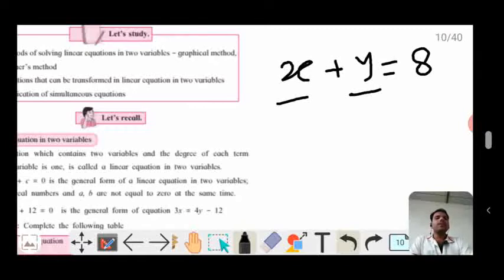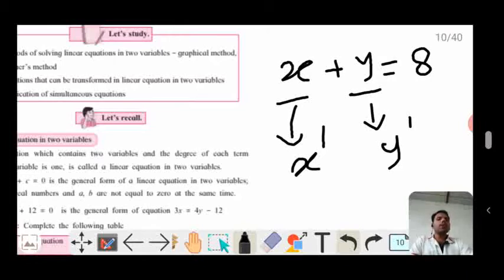So here variables are x and y, and the degree of this variable in each term is 1, that is the power of x here is 1, here is 1. So if the degree of the variables in each term is 1, then that equation is called the linear equation in two variables.